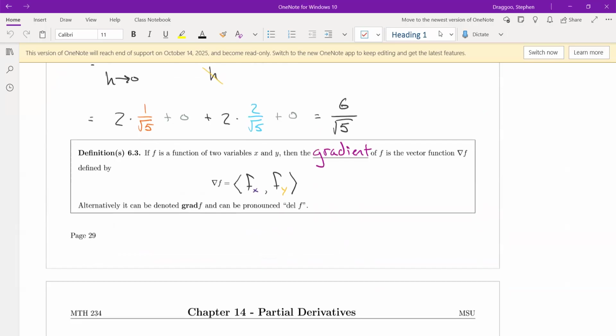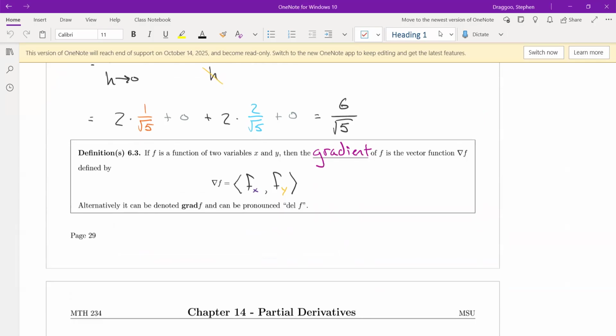Let's define the gradient, because it's going to be helpful to us. The gradient is a vector, which is important because we do look at both scalars and vectors in the course. So let's make sure that we know that the gradient is a vector valued function, or at least the result of the gradient is a vector.